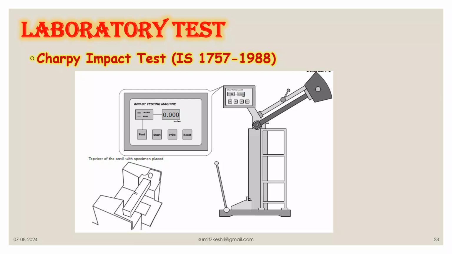Why? Because the free fall height of the hammer is greater in the Charpy impact test than that of the Izod test. So here the procedure and observation table is same as the Izod test.